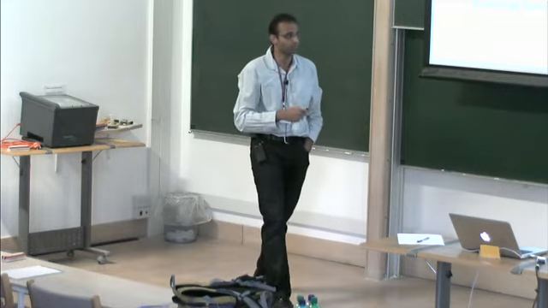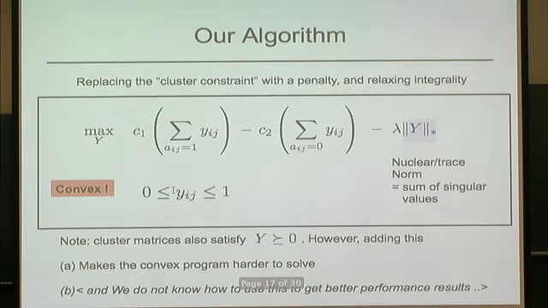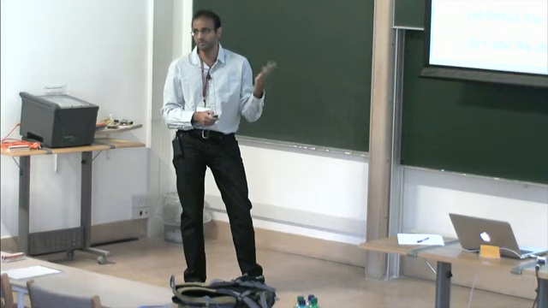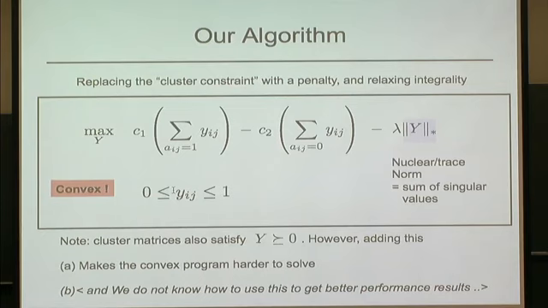Okay. So the proof goes as follows. Look at this convex program. Now we already know what we want the optimum to be, right? We want the true cluster matrix to be the optimum. So we can write down a subgradient of this at the true point and then see if that's 0 or not. Right?